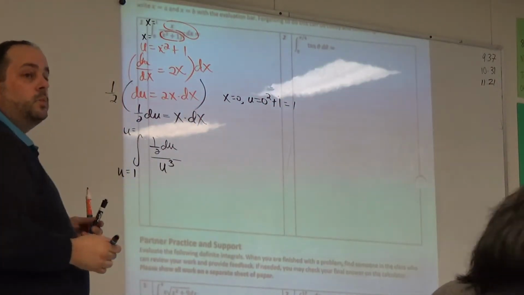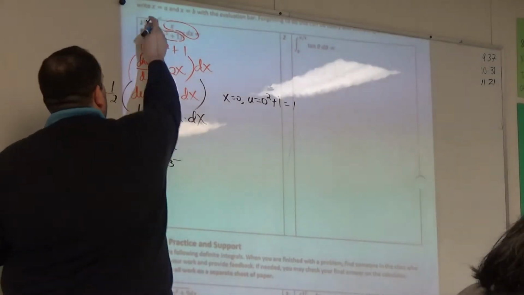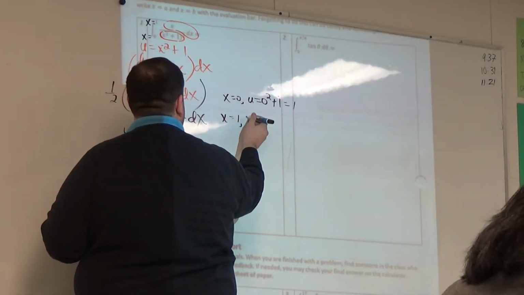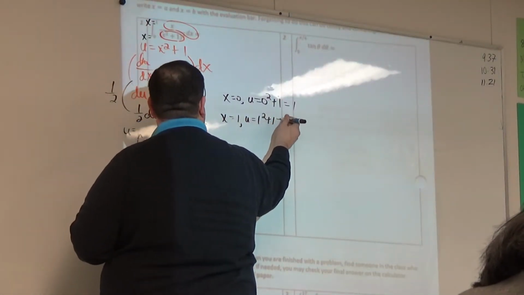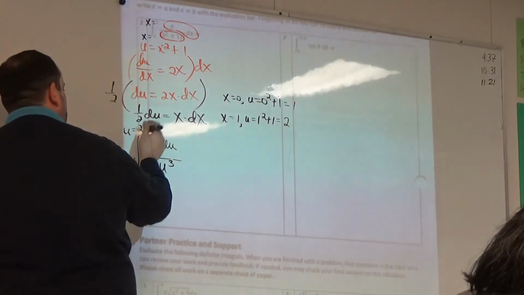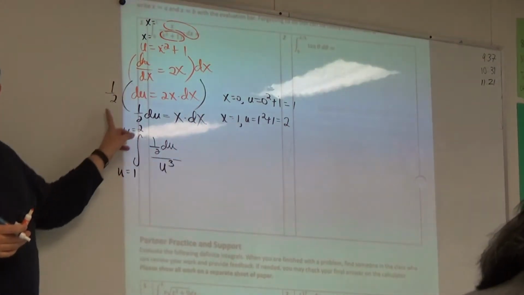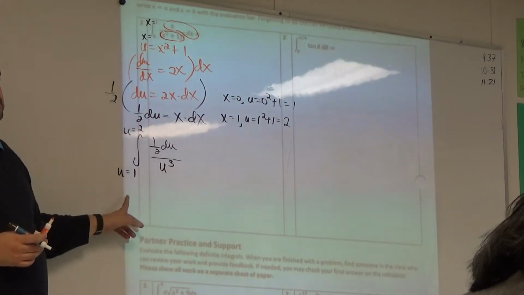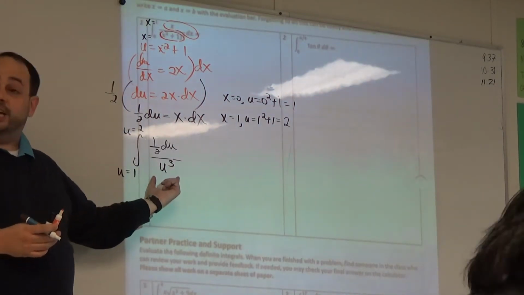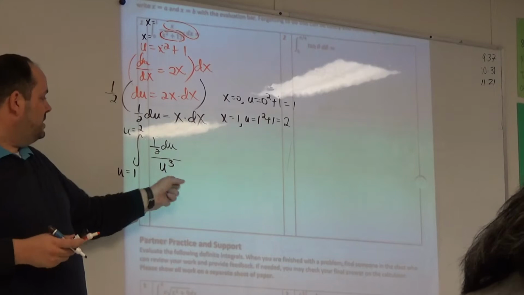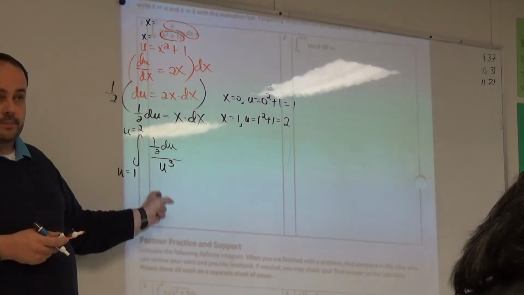So my lower limit is 1. My upper limit says x equals 1. Well, in terms of u, that's 1 squared plus 1, which is 2. This is the right way to do integration by substitution with a definite integral. Change the integrand and change the limits of integration.